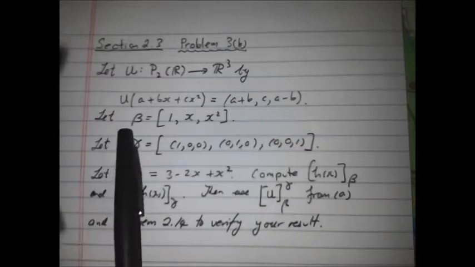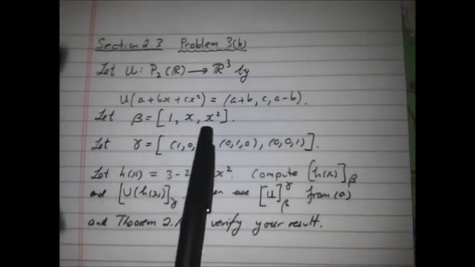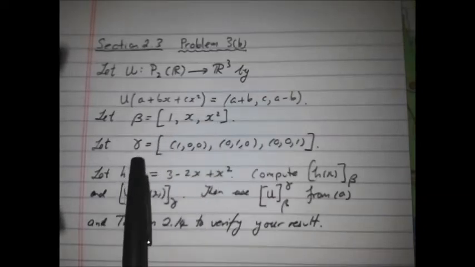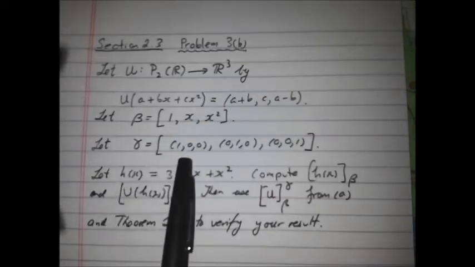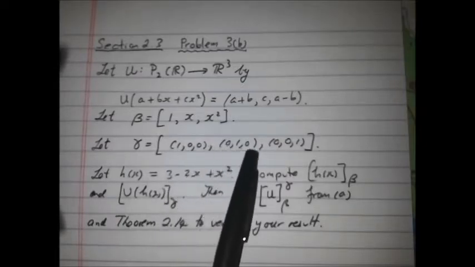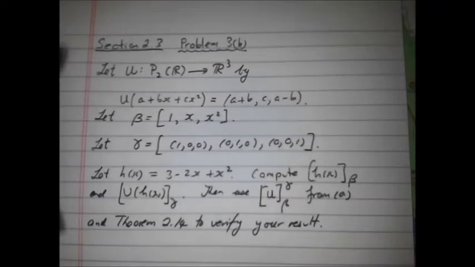Okay, so we're given beta is the standard basis of P2R, which is 1, x, x squared, and gamma is the standard basis of R3, which we've written in row form: (1, 0, 0), (0, 1, 0), (0, 0, 1).